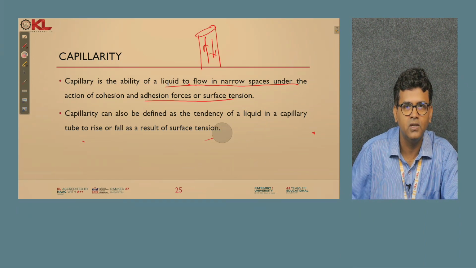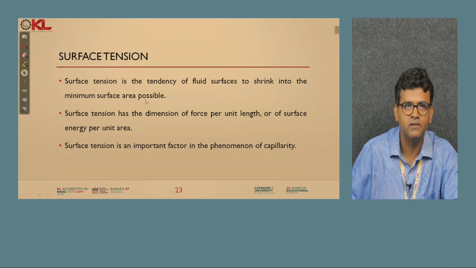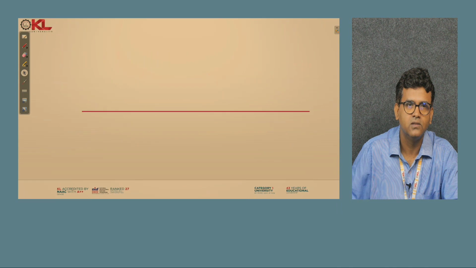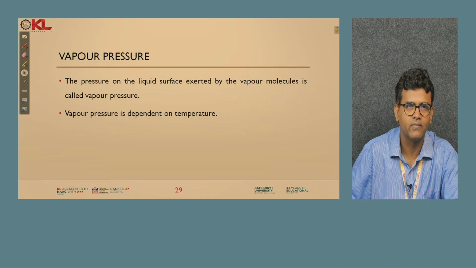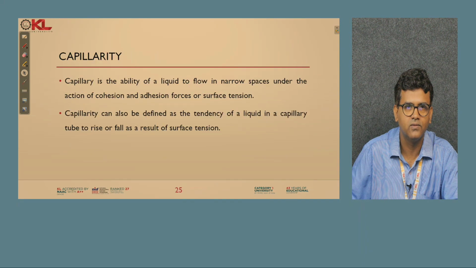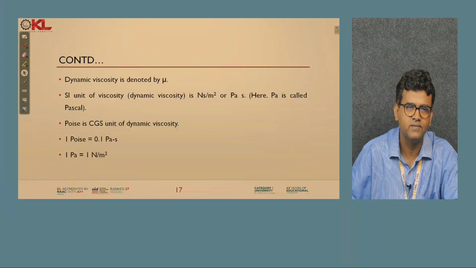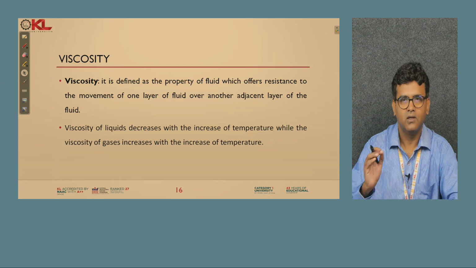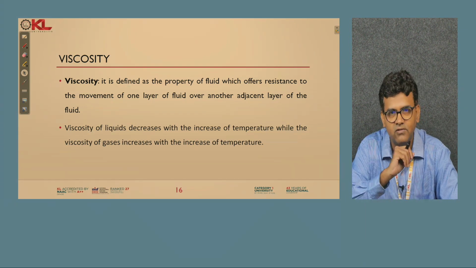Now we will move to the next property, that is the viscosity. Viscosity is already defined, we have discussed it a little bit in the previous session. Viscosity is the property of the fluid because of which different fluid layers have different velocities.